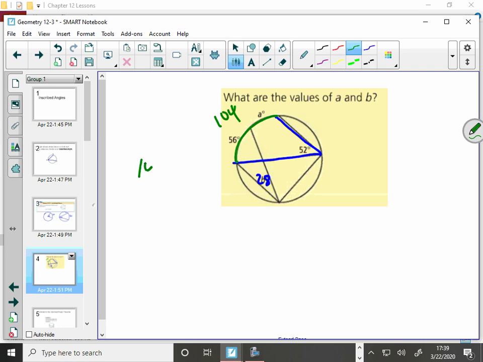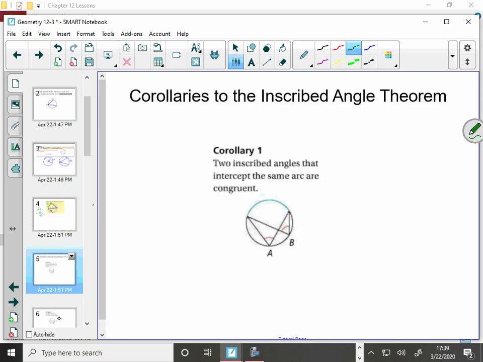And part of the arc is 56, so you would subtract that to get the measure of A. A would be 48.